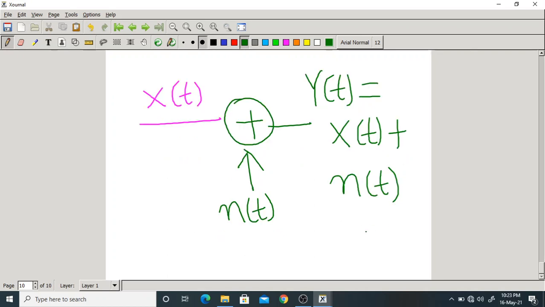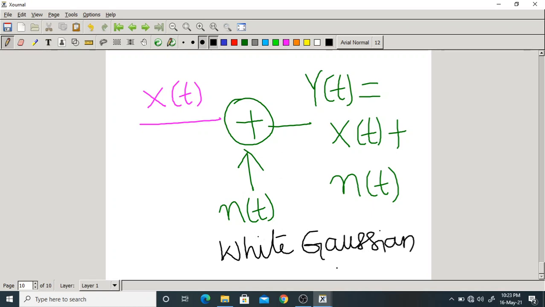Here, what is this noise? It is white Gaussian noise. Why white? Because this noise treats all frequencies uniformly. Gaussian, because generally it follows a Gaussian process.